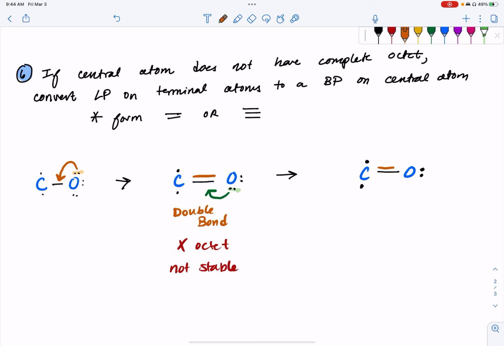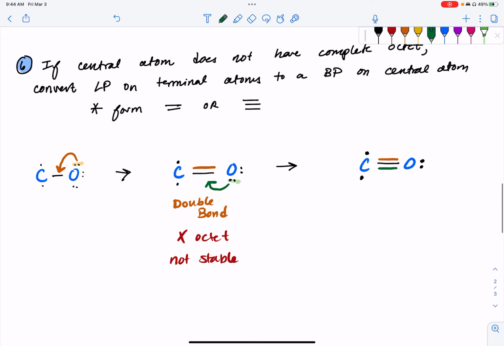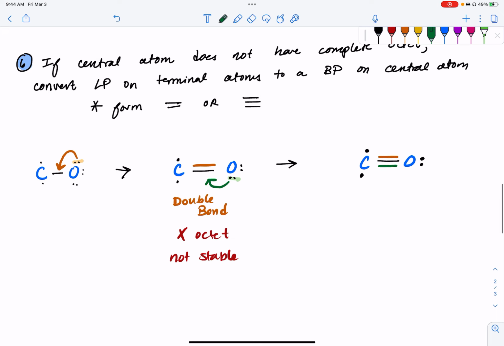I had the double bond formed from the first conversion of lone pairs into bonding pairs. And now I have the second bonding pair that is formed on top of my initial single bond, made from this second conversion of lone pairs into a bonding pair.